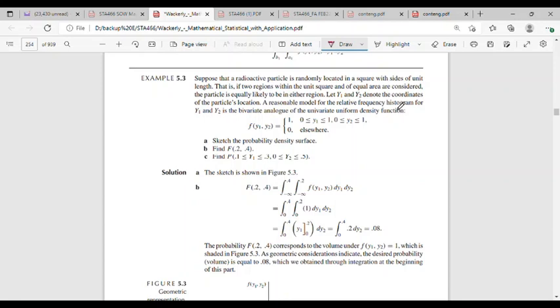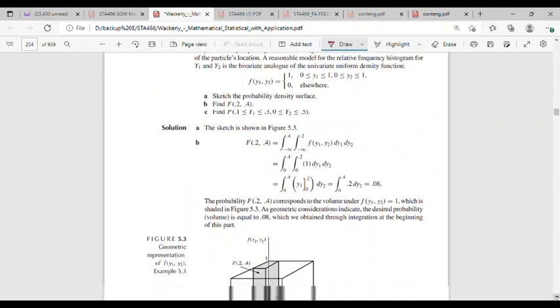A reasonable model for the relative frequency histogram for Y1 and Y2 is the bivariate analog of the univariate uniform density function. So the PDF is 1 for the interval of Y1 and Y2 from 0 to 1.